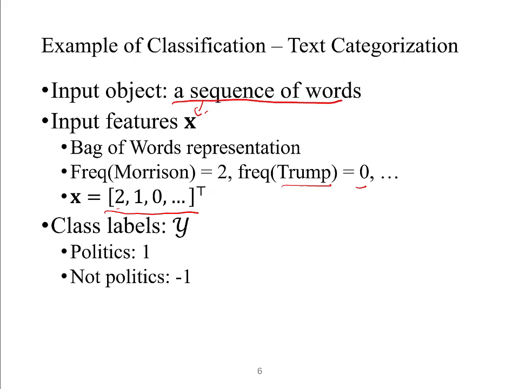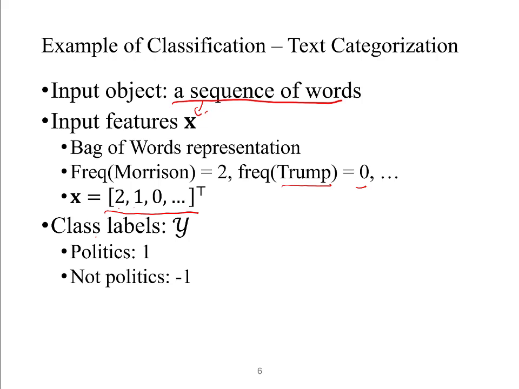For example, this 2 could correspond to Morrison, and this 0 could correspond to Trump. Each integer here corresponds to the frequency of a particular word in the vocabulary. So that's how you get the input feature vector X.